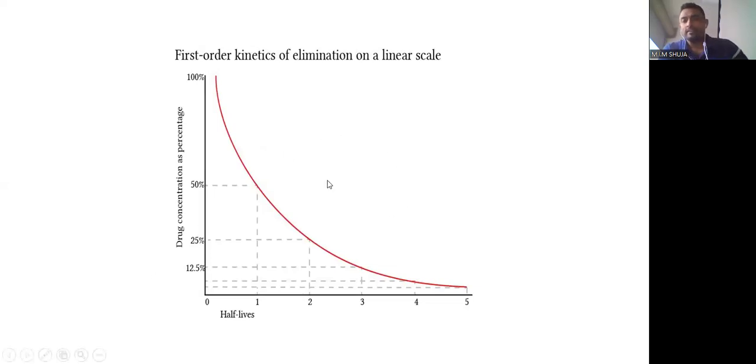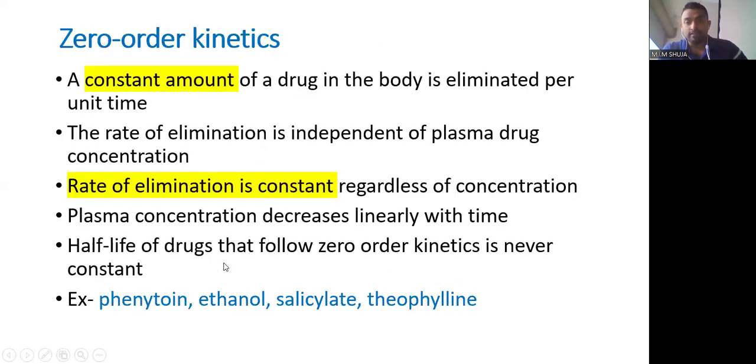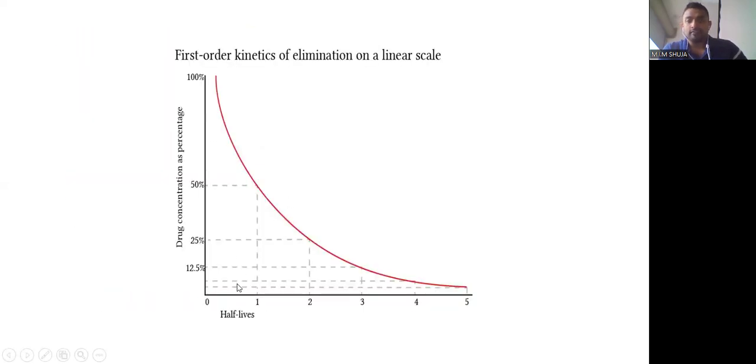See, this is the graph I used to explain T half. So this is 100; after 1 T half, or 1 constant time interval, the 100 percent becomes 50. So that is 50 percent reduction. After the second, the 50 becomes 25, again 50 percent reduction.